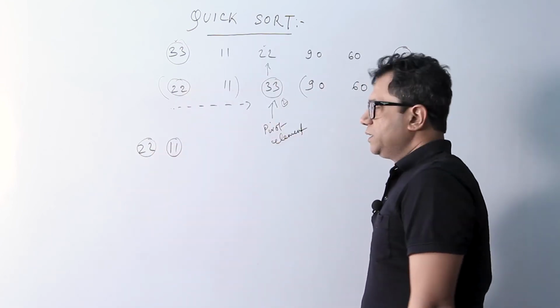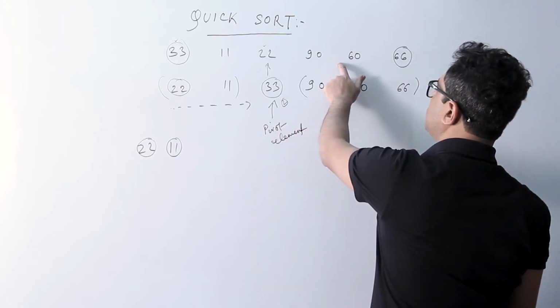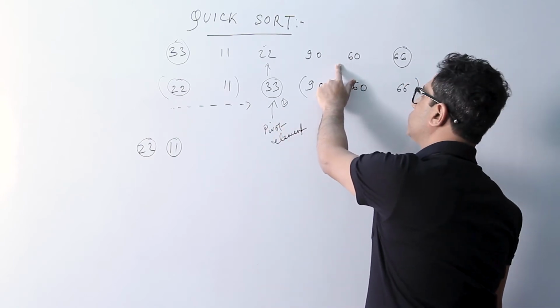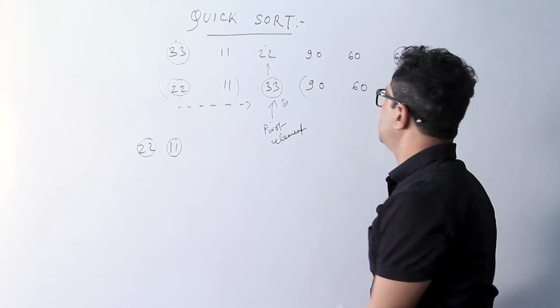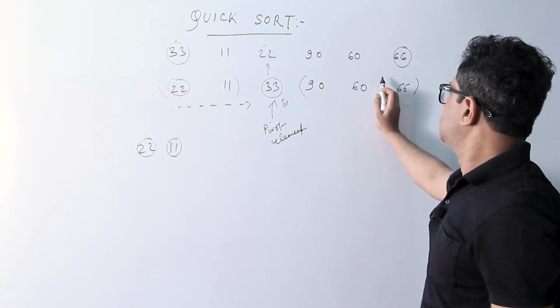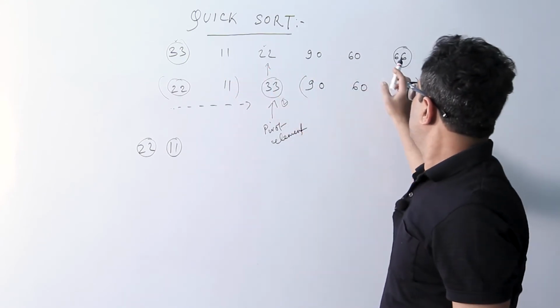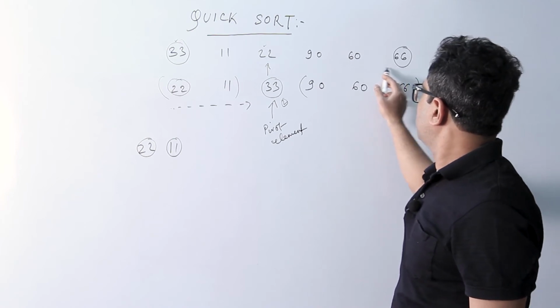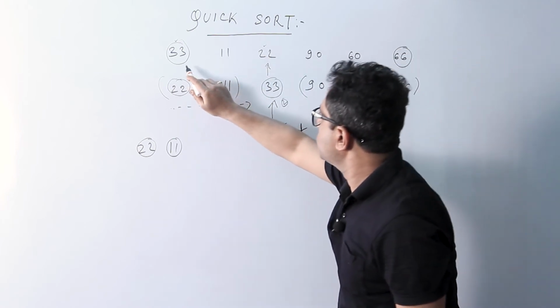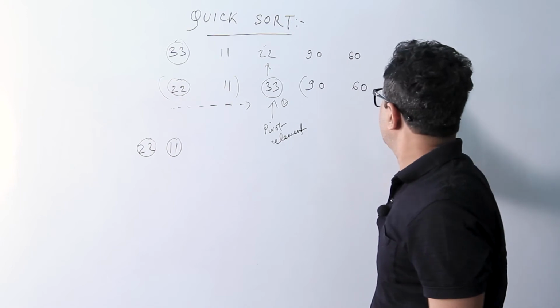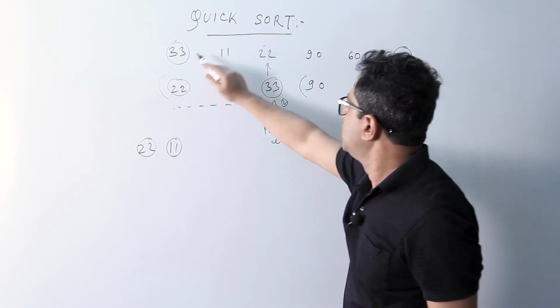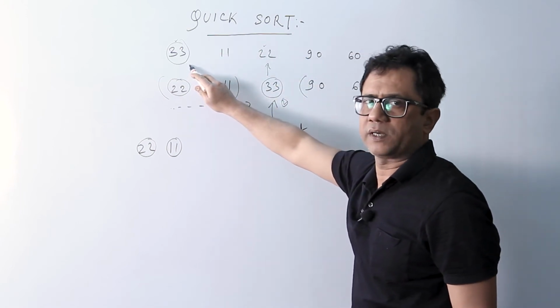Now, we will just follow the pattern which was followed in the first step. We have seen that we started scanning from right to left and saw which is the first number we encounter from right to left which is less than 33, and stopped at that position.